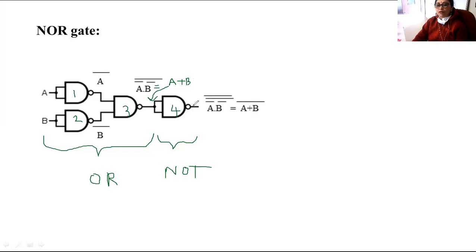Now, what will be the output of gate number 4? As this is a NOT gate, Y will be equal to A plus B whole bar. Okay? Are you getting the point? Yes, ma'am. So this is what NOR gate is.